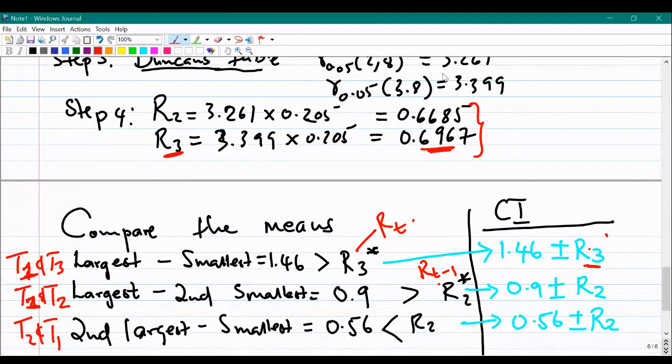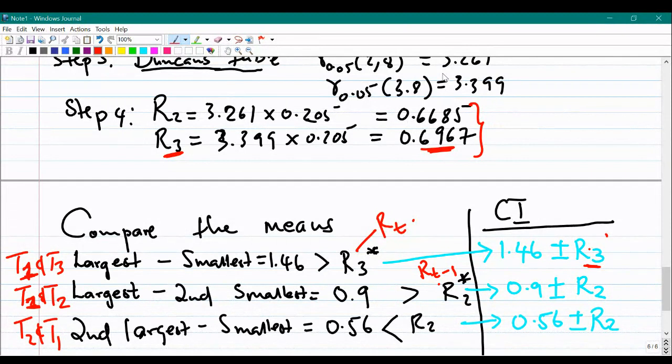When I give you a question, I say use the confidence interval method. Find the confidence intervals using the Duncan multiple range test, and after finding those confidence intervals, indicate which means are not the same.